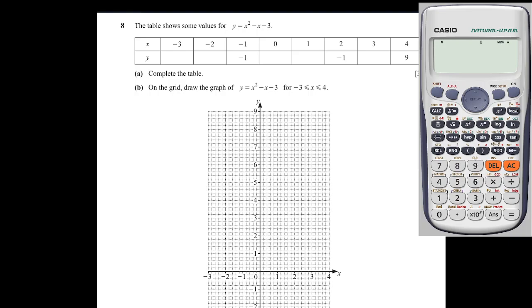So x is minus 3. So minus 3 square. Then minus of minus x, again minus 3. X square minus x, again minus 3 is equal to 9.